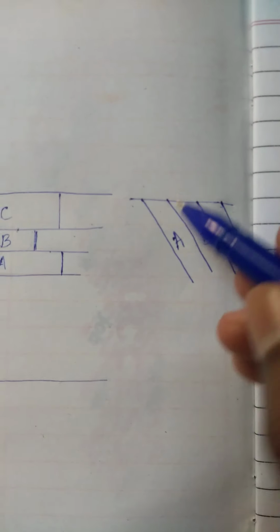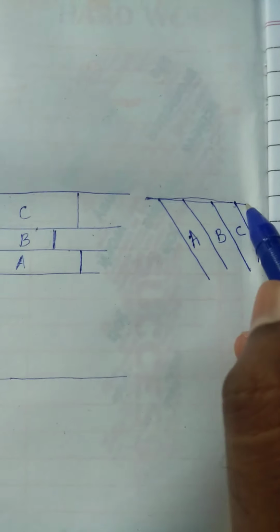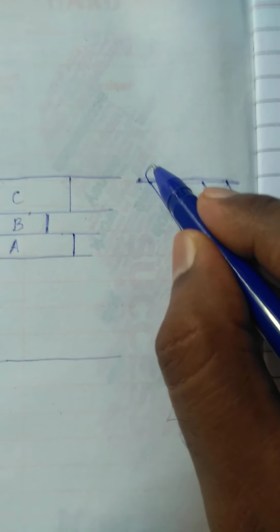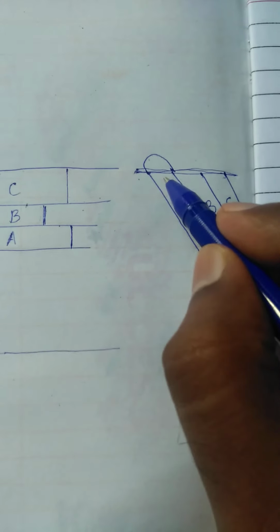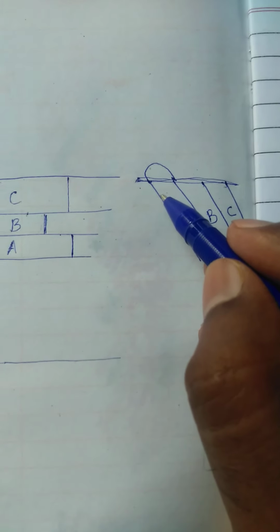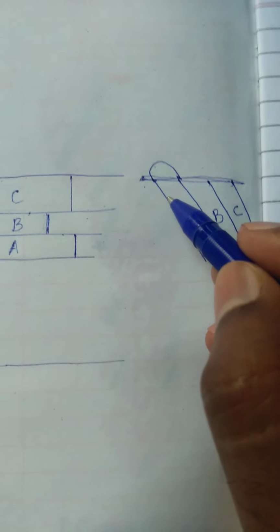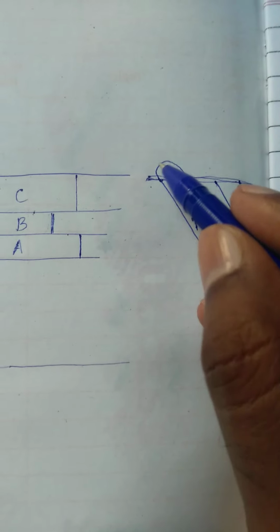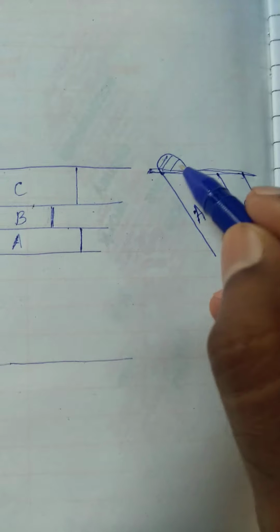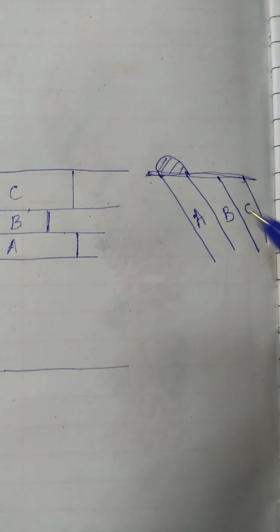Okay, this is the surface, and above the surface these strata are exposed. The solid rock exposed on the surface is called an outcrop.